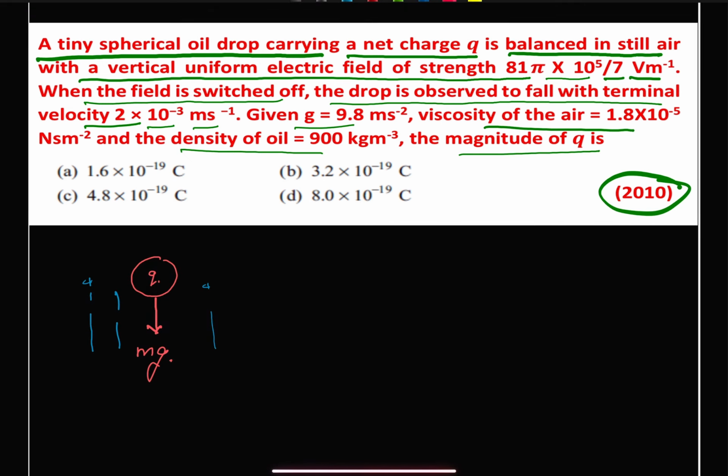This electric force is nothing but electric field multiplied by charge Q. So this is our first case, where the electric force is balanced by the weight of the oil drop.